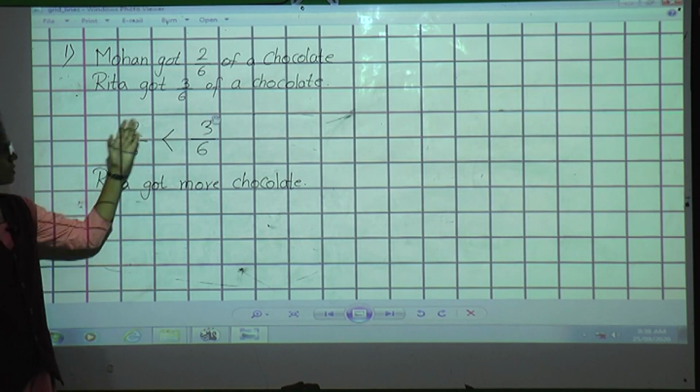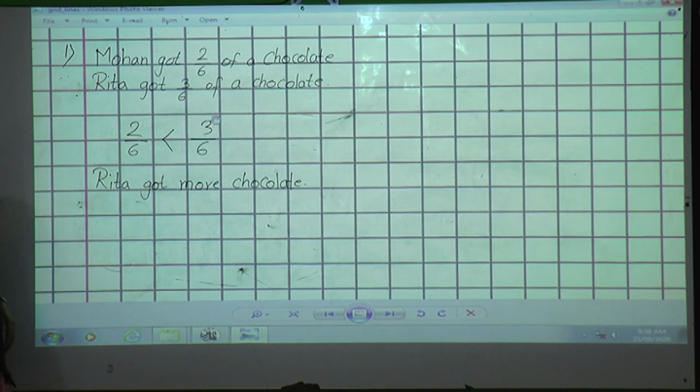Here 2 is there and here 3 is there, so who is greater? 3 is greater than 2. So 3/6 is greater than 2/6. So Rita got more chocolate. Clear? In this way you have to solve the first example. Okay, now we'll move to the next example, question number 2.